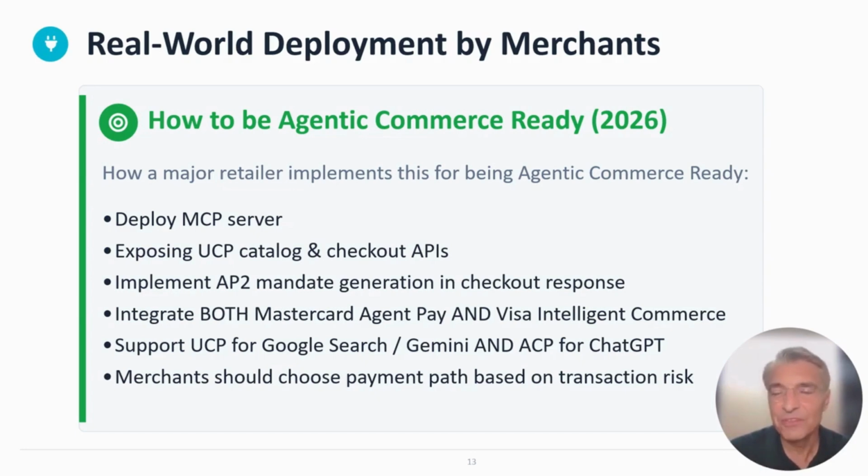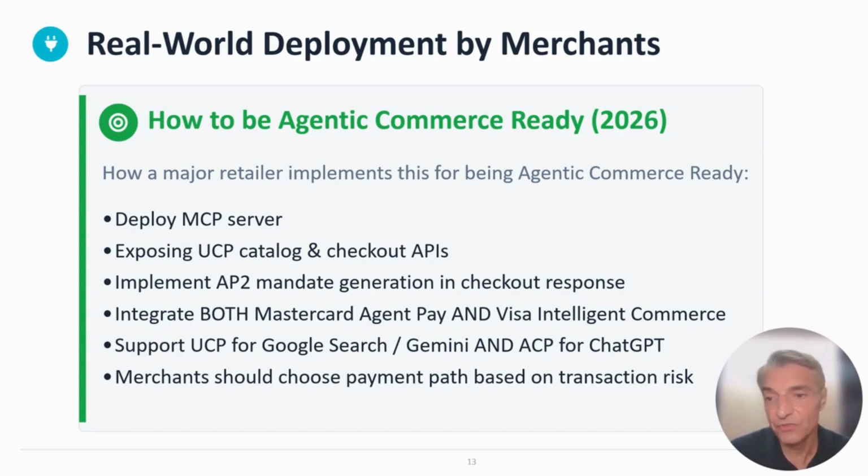Without an MCP server, AI agents generally have a problem finding the inventory and the services and connecting to your shop. Then expose your UCP catalog and your API checkouts. Implement AP2 mandate generation in a checkout response.